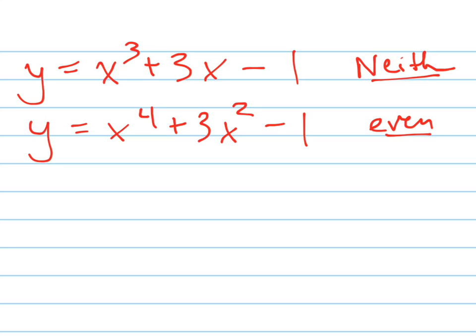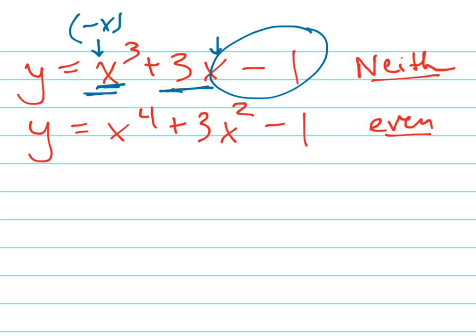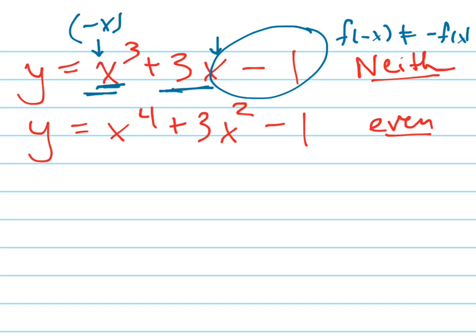The reason is that if you plug in negative x for everything, in the first one these signs will change, but this sign won't change. So f of negative x does not equal negative f of x. But for the second one, if you plug in negative x, none of these signs change. So f of negative x does equal f of x.